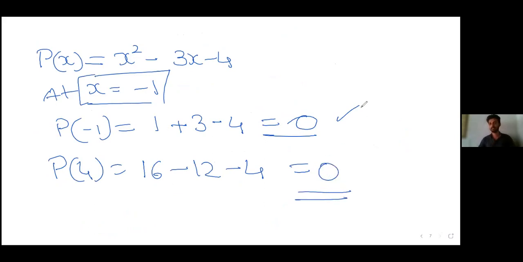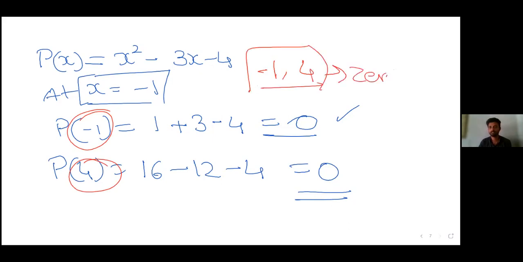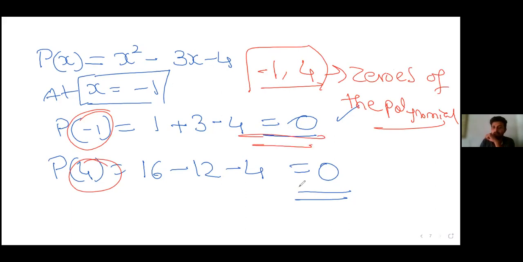I can say these terms minus 1 and 4 are the zeros of this quadratic polynomial. Minus 1 and 4, these are the zeros of the polynomial, since at x is equal to minus 1 and 4, this expression gives me the value 0.